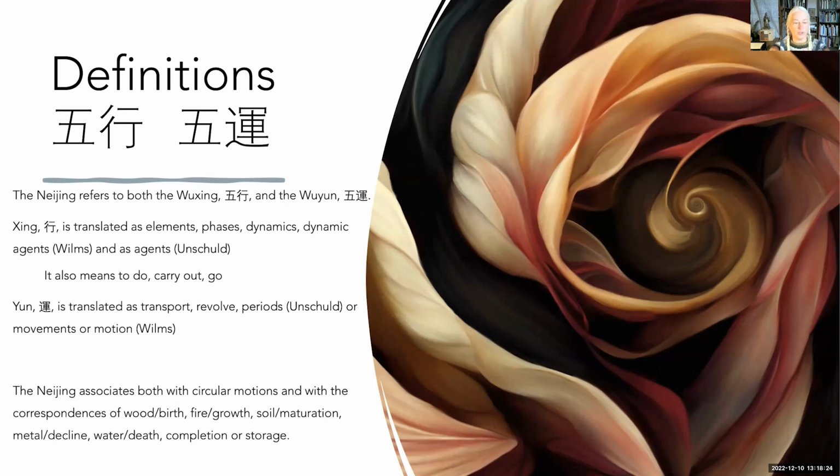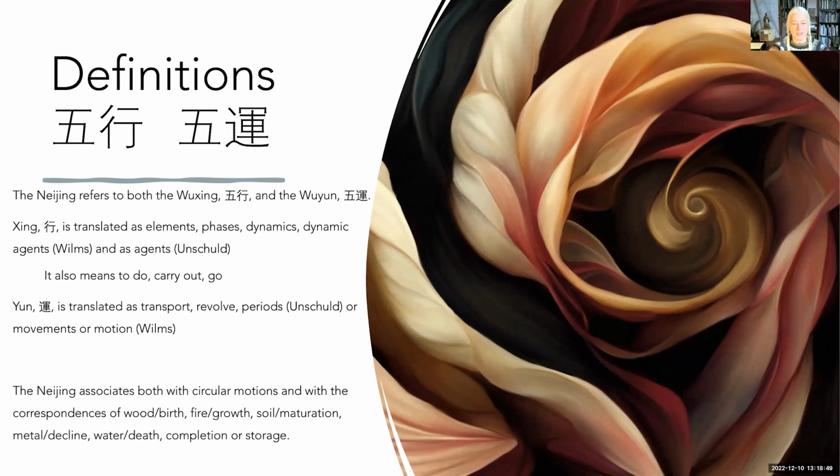completion or storage. We see that in nature, like now, this time of year. All the leaves have died, everything in the garden died, so there's death at this time of year, but there's also the sense of things being complete, like the growing season is complete now, and the yang is going into storage.